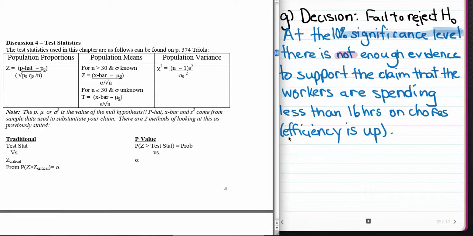And then, of course, the distribution is the distribution of the sample statistic. So for population proportions, we have the p hat here. That is the sample statistic that is telling us about our population parameter p.